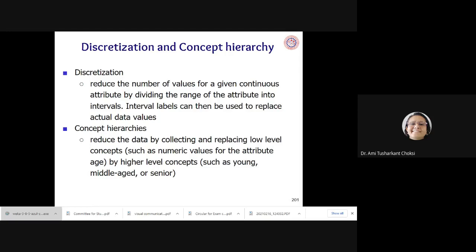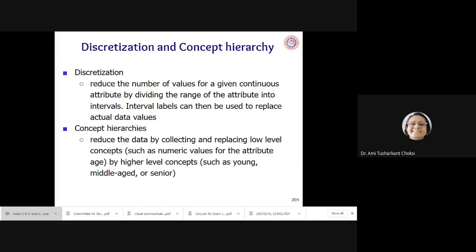For example, say numeric values for the attribute age. Okay, what is your age? 18, 19, 20, right? What we do with that is we replace this age with its particular concept, the label, that is young, middle age or senior, right?